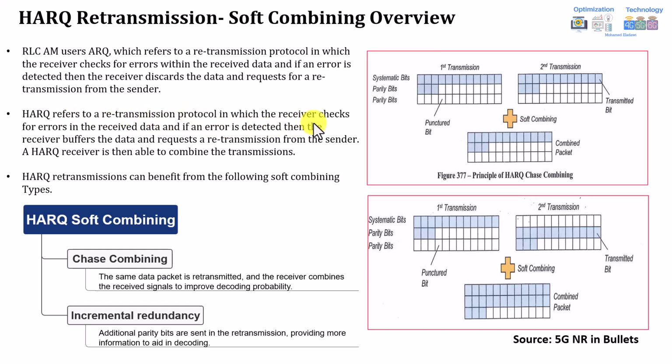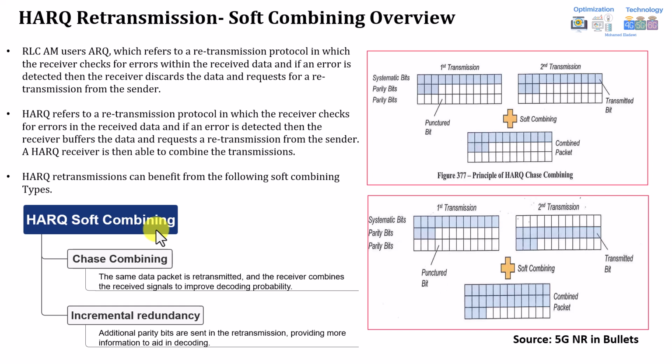The receiver will check errors in the received data, and if any error is detected, the receiver will buffer and keep the data in the receiver buffer, and request a retransmission. Then the HARQ receiver will be able to do something called combining the data, as we highlighted. In general, there are two mechanisms the receiver uses for this combining. It's called HARQ soft combining, to be able to successfully decode the data during the retransmission.